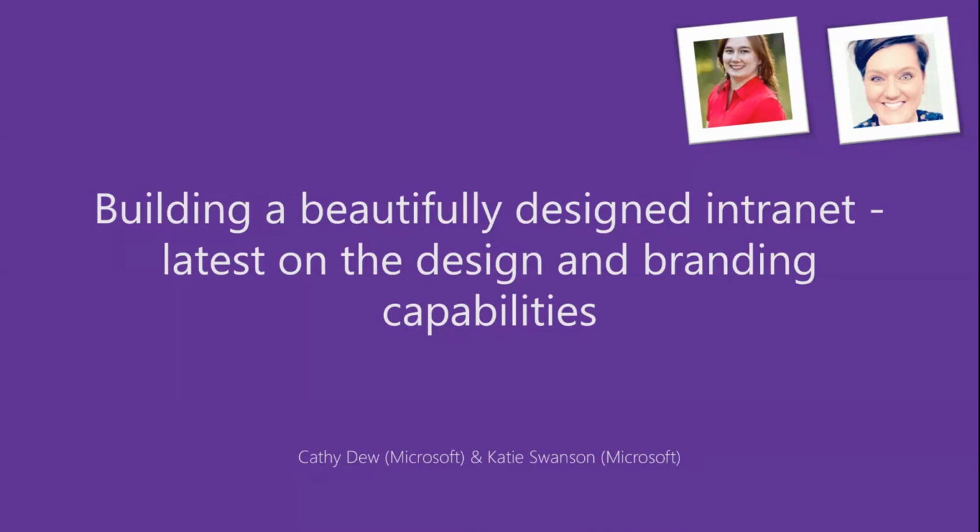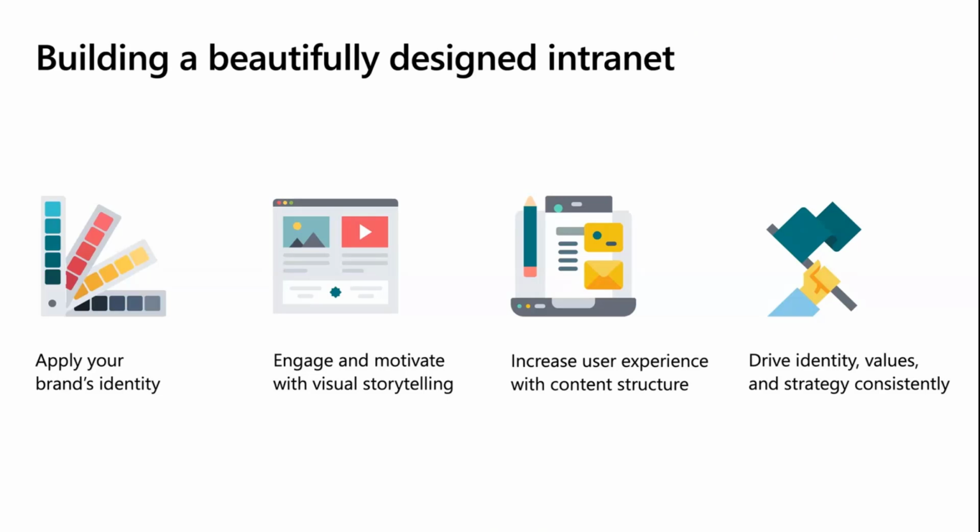Yes, we're really excited today to talk to you about this session and to give you some great updates, and even some further incentives and updates about how you can build beautiful SharePoint sites and some latest updates for branding. So today we're going to talk about building a beautifully designed intranet. And as you can see on the screen, we have 4 topic areas that we're going to go through.